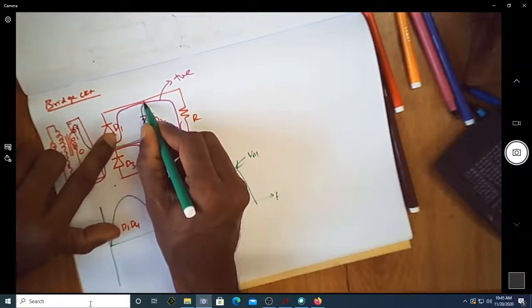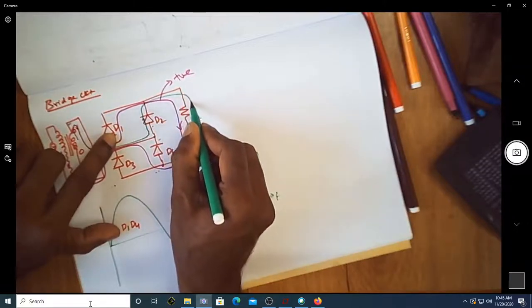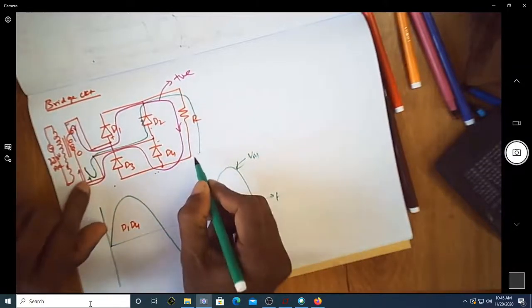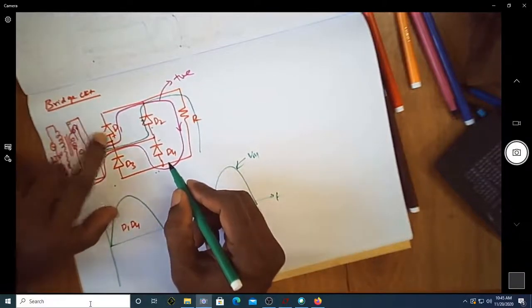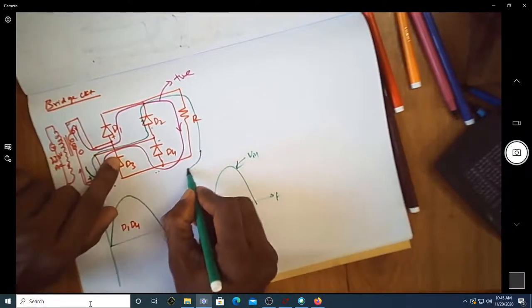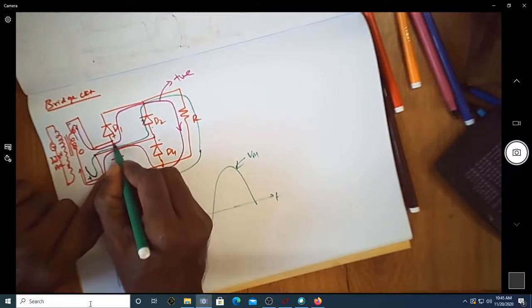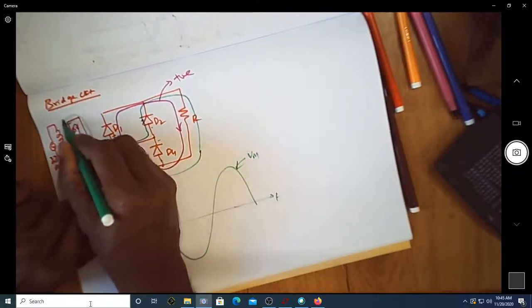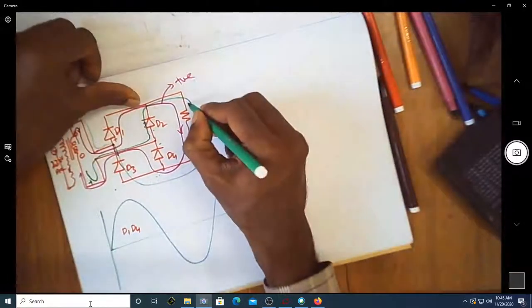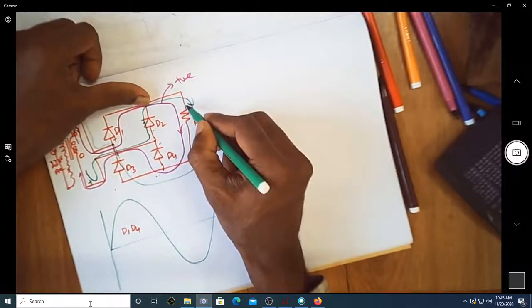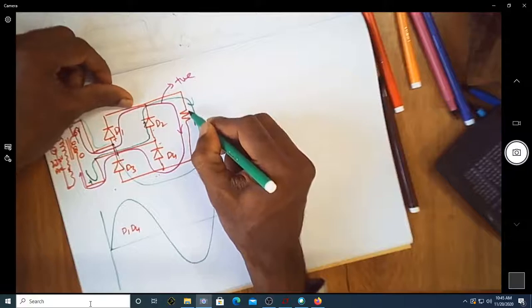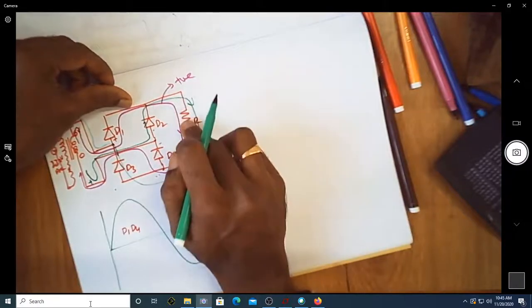Now this is negative, and this will again conduct. When this conducts, it just goes here and then goes back to this. Can you see in both the cases the current through the resistor is flowing in the same direction.